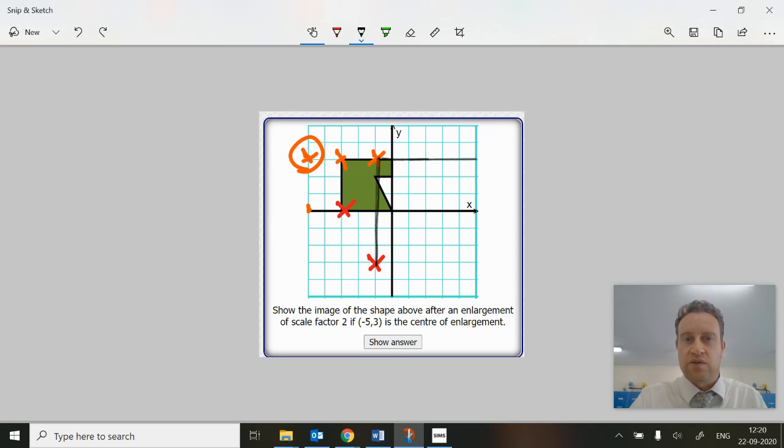So 1 down is going to go 2 down because I'm doubling it. 1 across, 1 back, if you like, is now going to go 2 backwards. And I'm not going to do the diagonal because I'll leave that to the end. Then 3 across becomes 6 across. And my diagonal can just join up at the end. And actually, I can see that that's 2 down and 1 across is now going to become 4 down and 2 across. That's doubled as well.